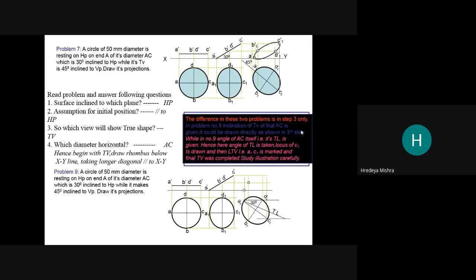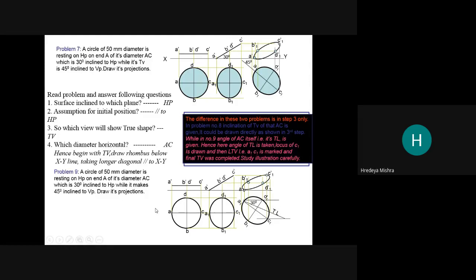Now finally you show it here. The third step is different. In problem number 9, the true length of diameter AC itself is given, hence the angle of true length is taken, the locus of C1 is drawn, and then A1C1 is marked as the final top view to complete.